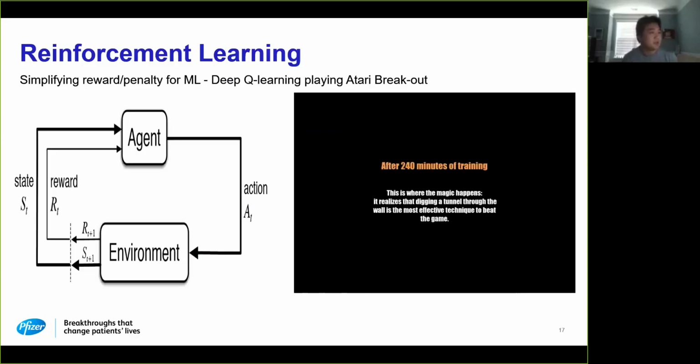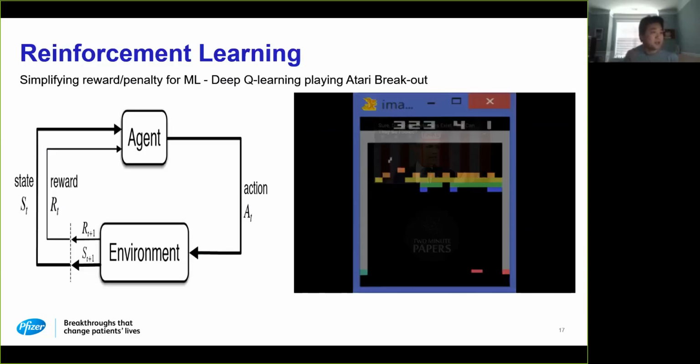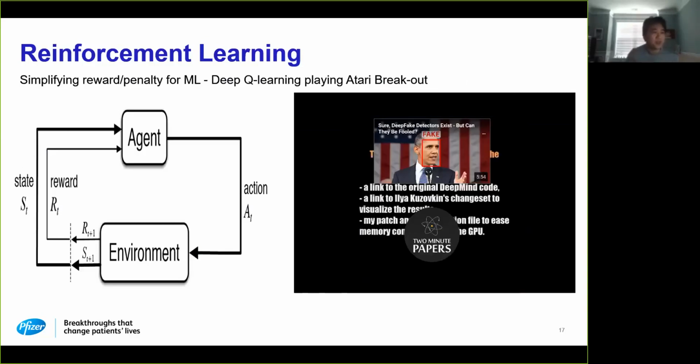Now it's coming up with something that maybe many humans couldn't think of. It finds that digging a tunnel behind the blocks is the most efficient way of performing this because, of course, bouncing back and forth in the back minimizes your actions. So if you're interested, it's available on YouTube.